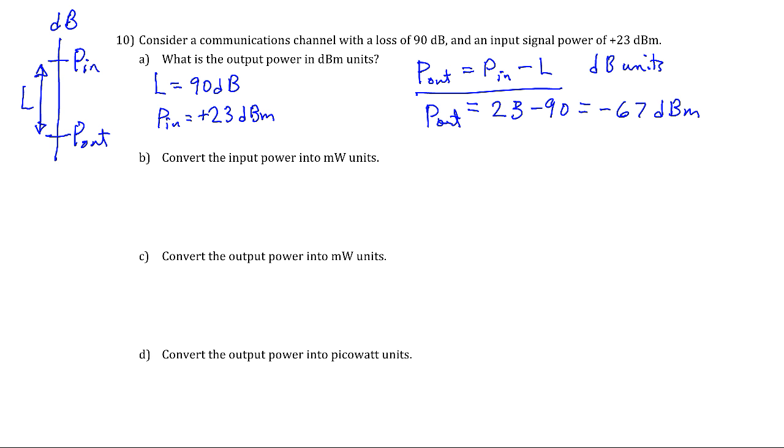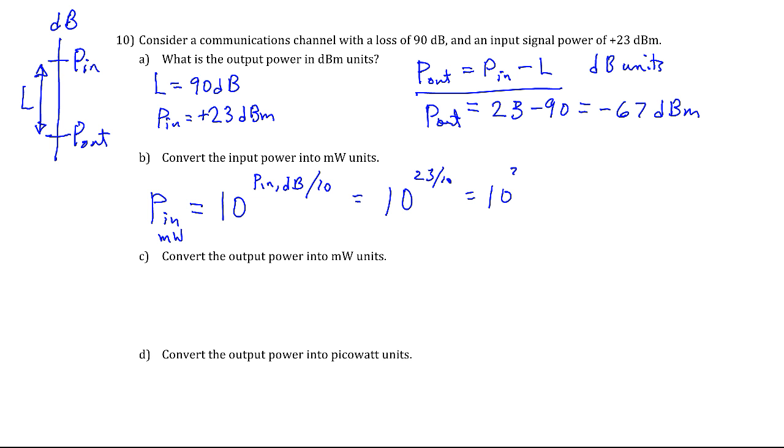We're going to convert from dB to linear units, and so P in milliwatts is 10 raised to the P in dB over 10. And this is 10 raised to the input power 23 tenths, and this is 10 to the 2.3.